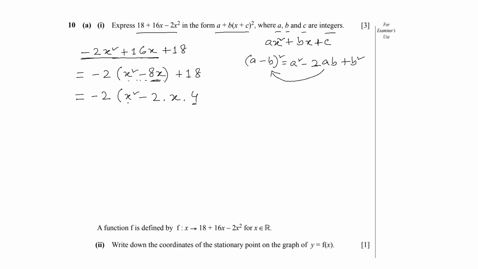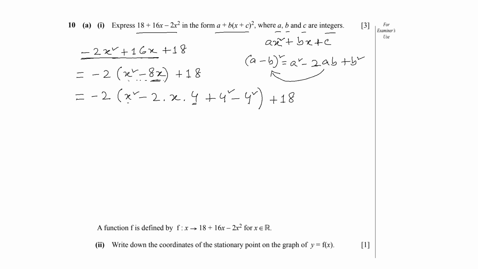So I need a b squared right now, so I need plus 4 squared. 4 squared did not exist here, so let me eliminate this with the minus 4 squared. So let me write minus 4 squared, bracket close, then plus 18.